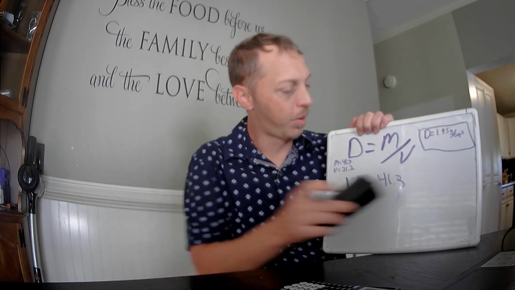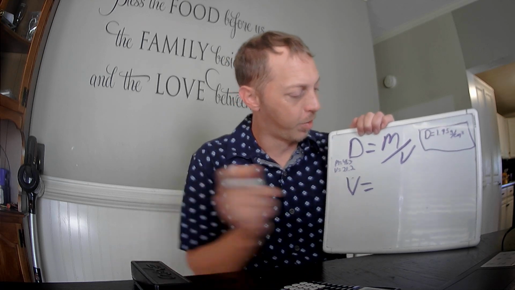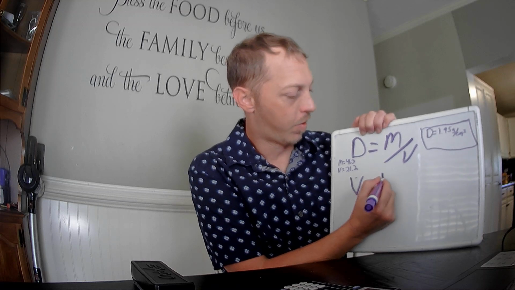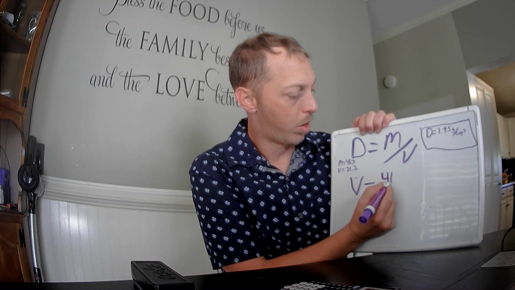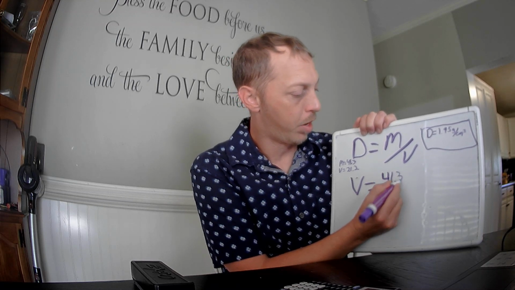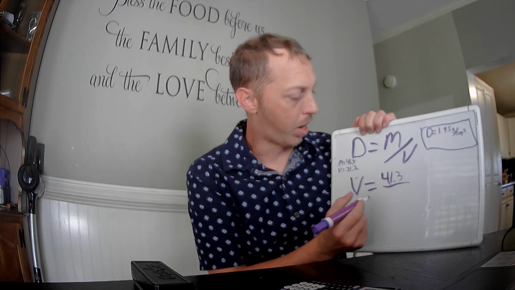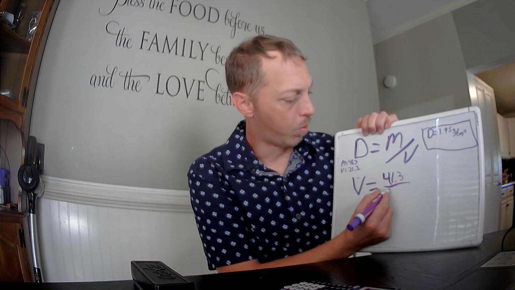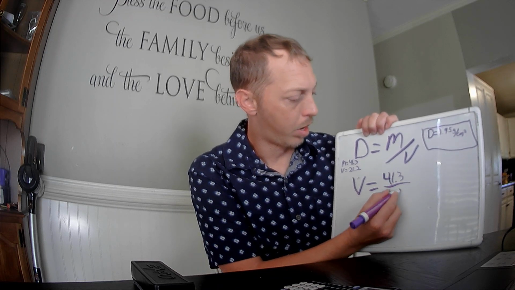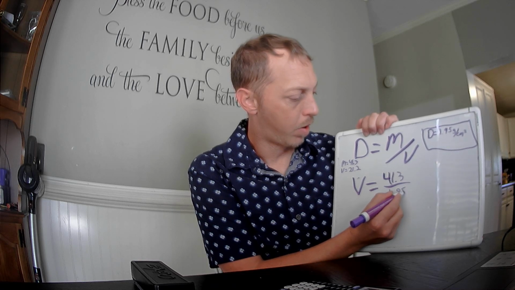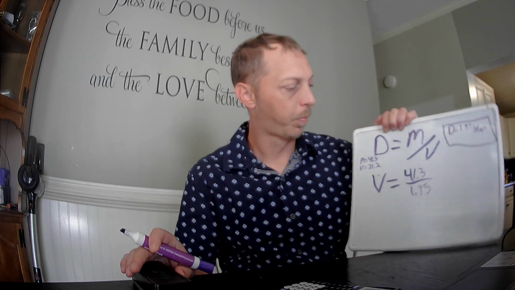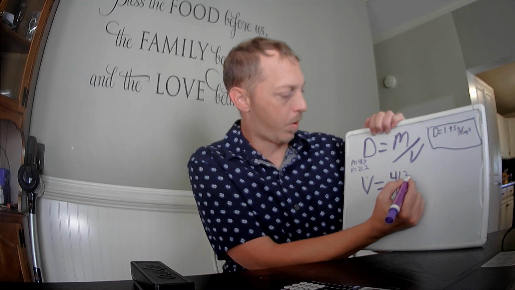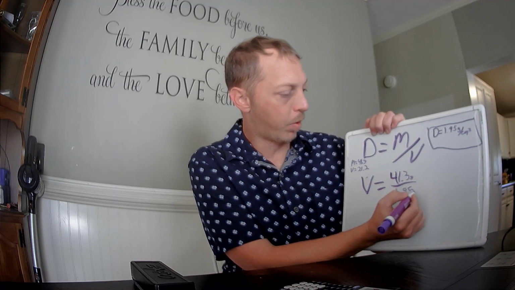All right, so volume equals mass, which was 41.3. So let me erase all that because this is getting in the way right here. All right, 41.3 divided by density 1.95. All right, now mass is going to be in grams.